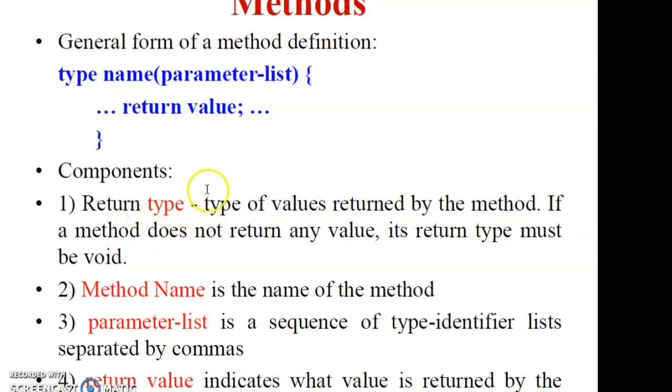Good morning. In this session we are discussing methods in Java. Methods can otherwise be called functions in Java. Methods are used when we need to perform a particular task again and again, multiple times, in a program.